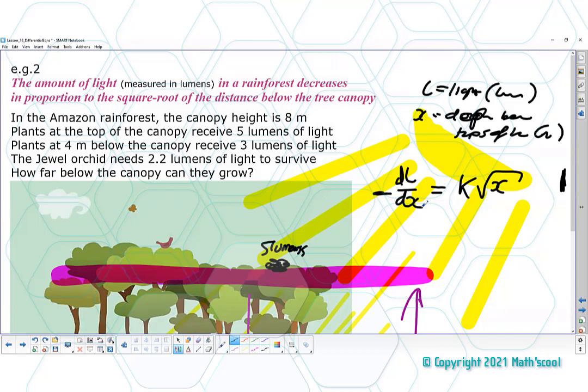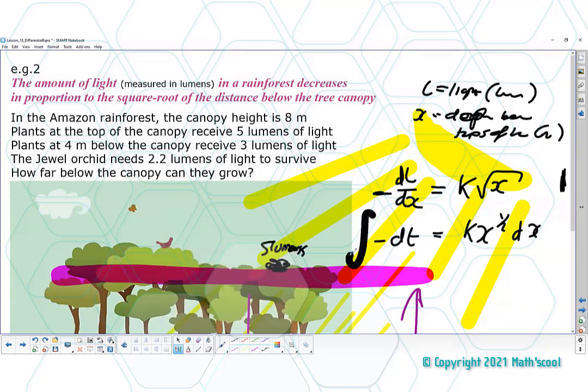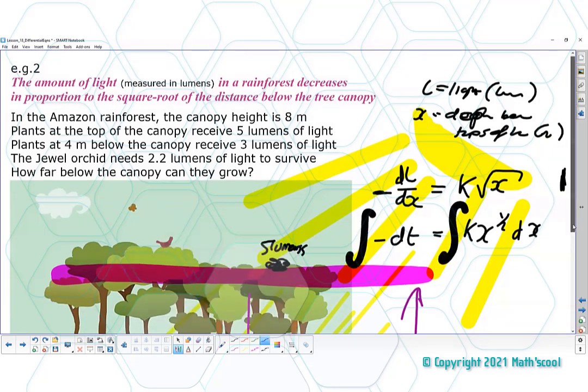Right, let's separate the variables. Minus dL equals k x to the half dx. Integrate both sides, put a nice big integral sign in front of each side, and then integrate it.